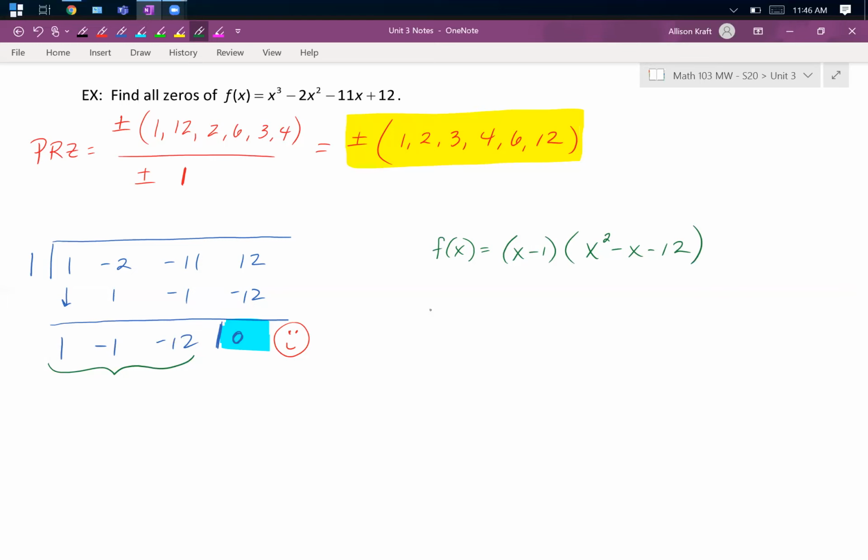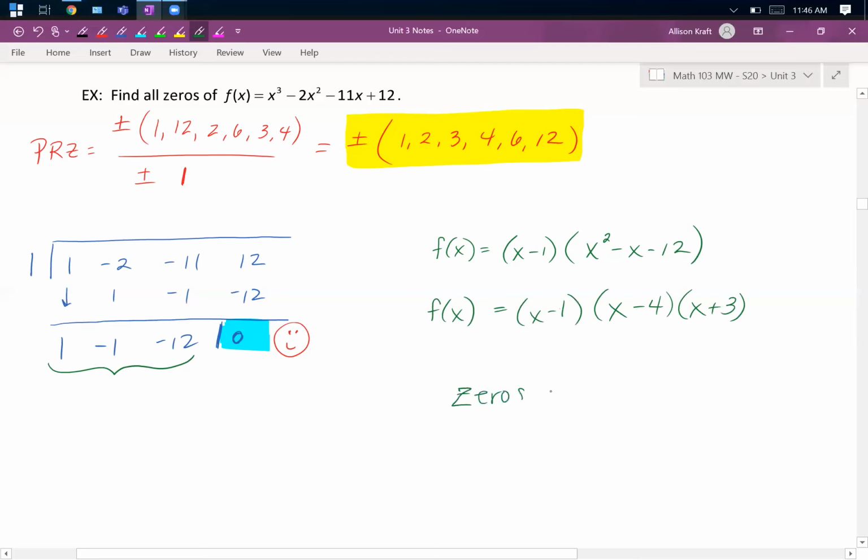But this one factors nicely. X squared minus x minus 12 turns into x minus 4 times x plus 3. And once we're in factored form, we can identify all of our zeros by simply setting each factor equal to 0 and solving.